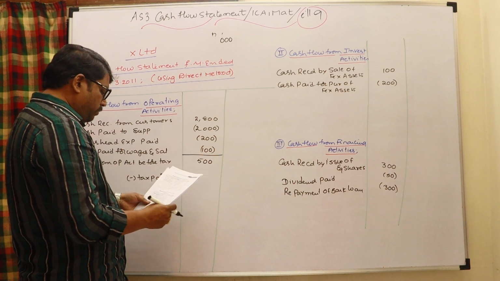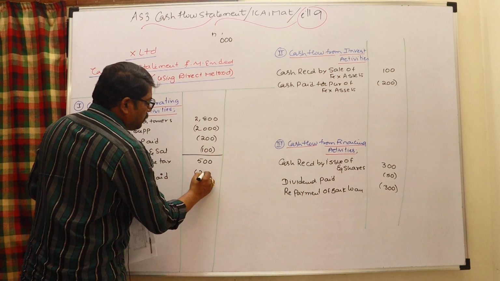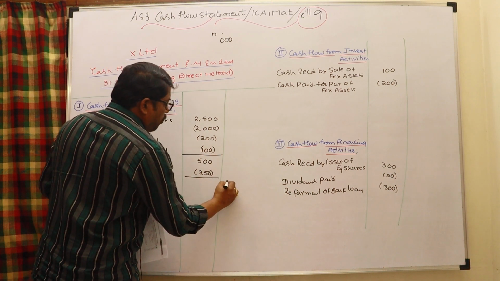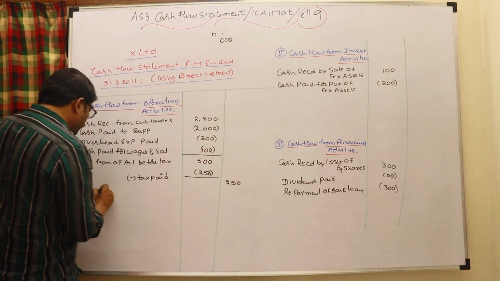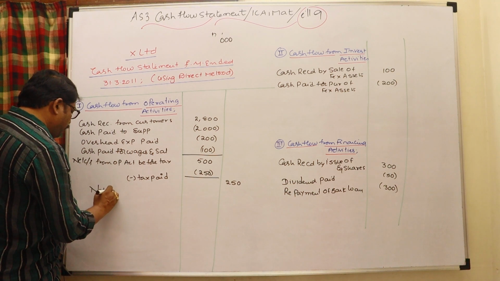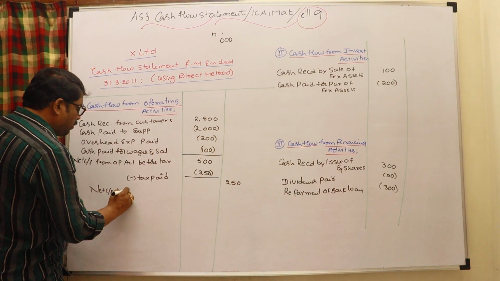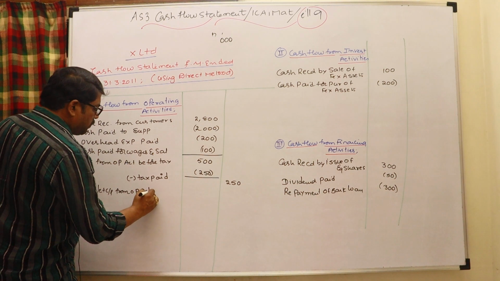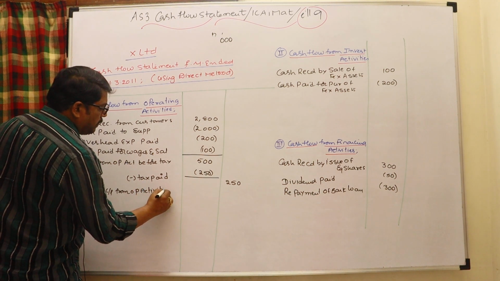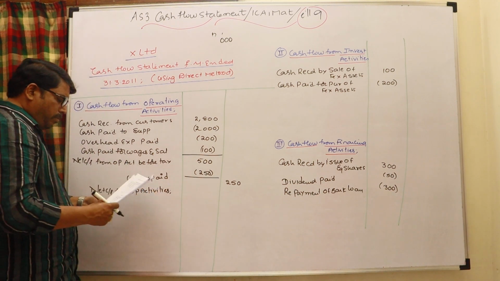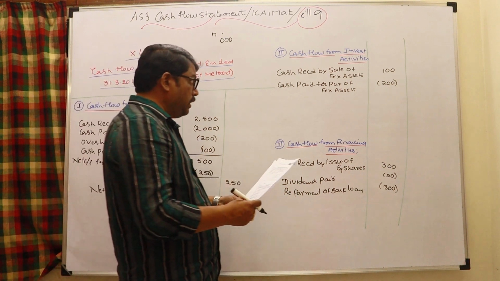It is given as 250. Write in the outer column 250, which is net cash flow from operating activities, 250.